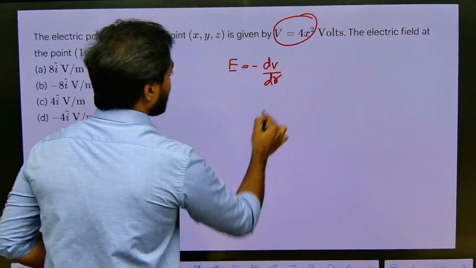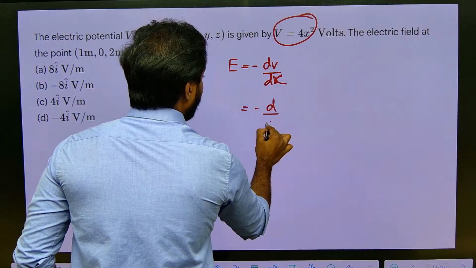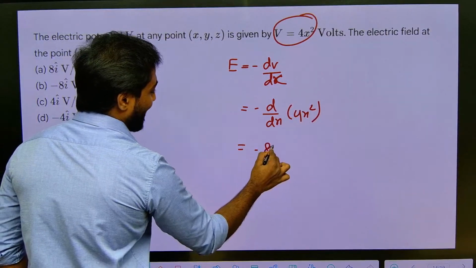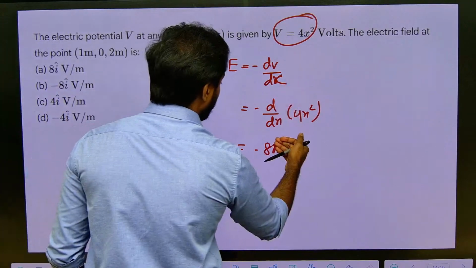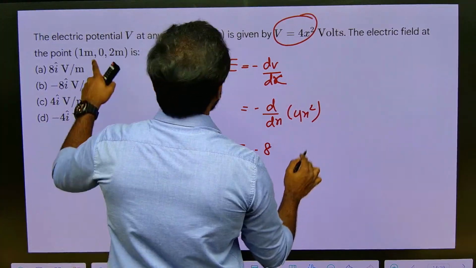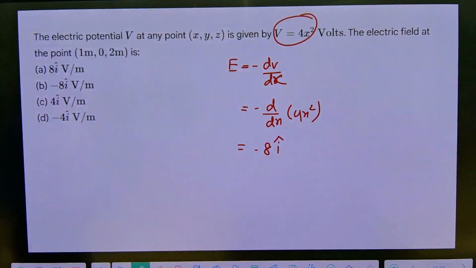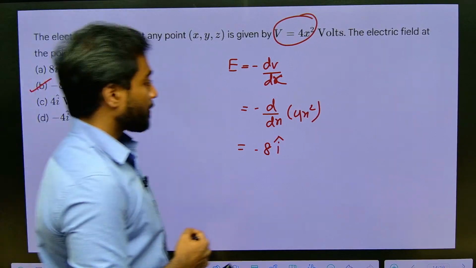So minus dV by dx of 4x square, which is nothing but minus 8x, in the direction of I cap, and x is given as 1, so minus 8 I cap is the answer for this question. So option B is the correct answer, right?